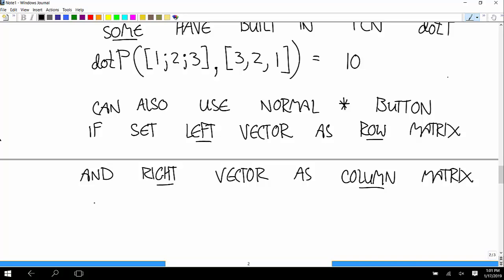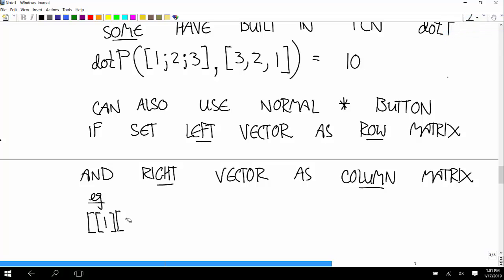So you could do this as, for example, for a row vector, you'd actually write this as 1, 2, 3, because the inner square brackets just switch to the next row.